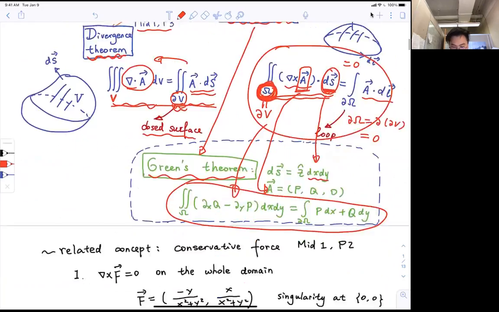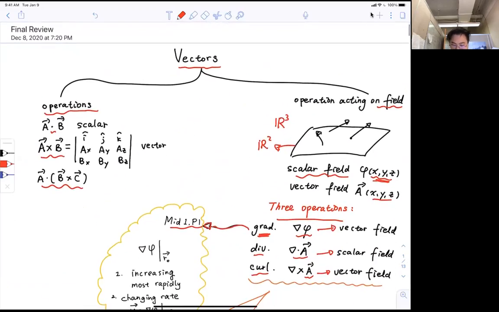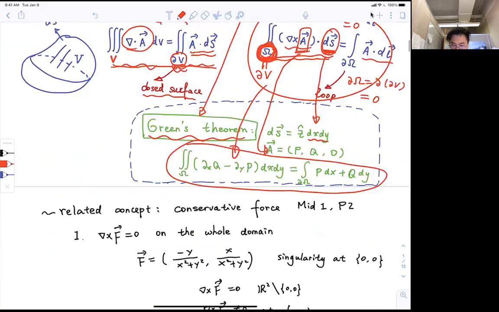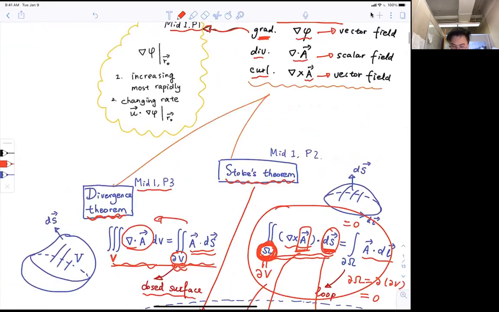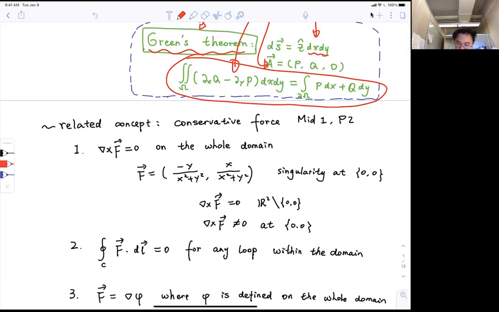Okay, so this is for the vector part. Of course, there's another important concept associated with what we talk about here, which is the conservative force. By the way, this is also tested in midterm one, right?